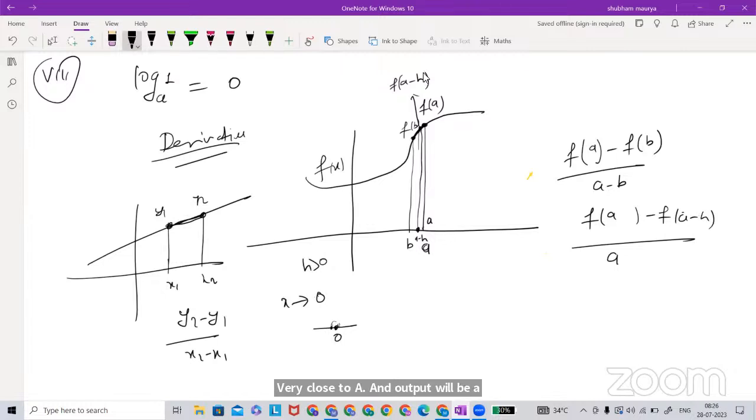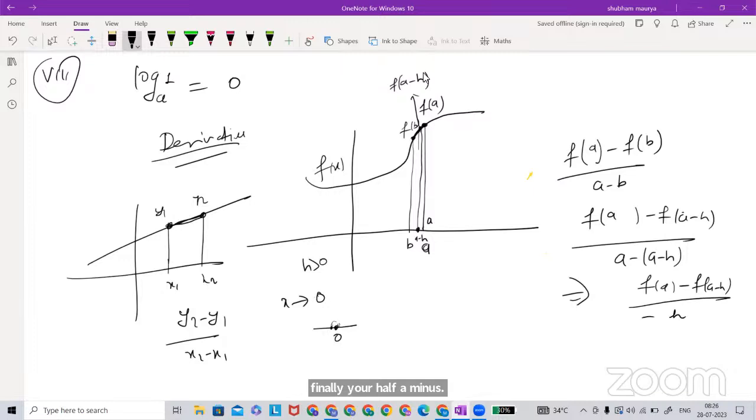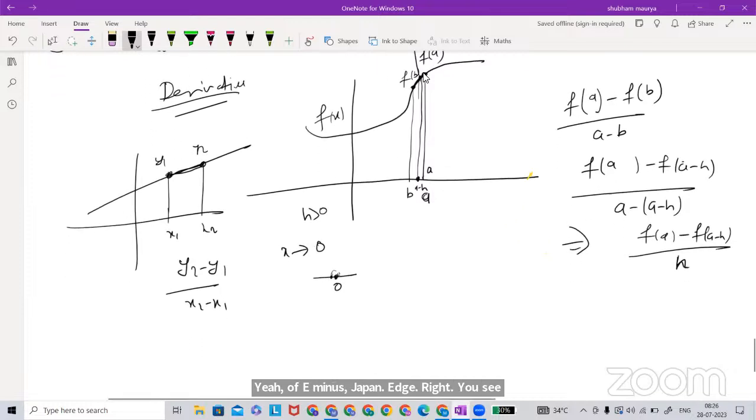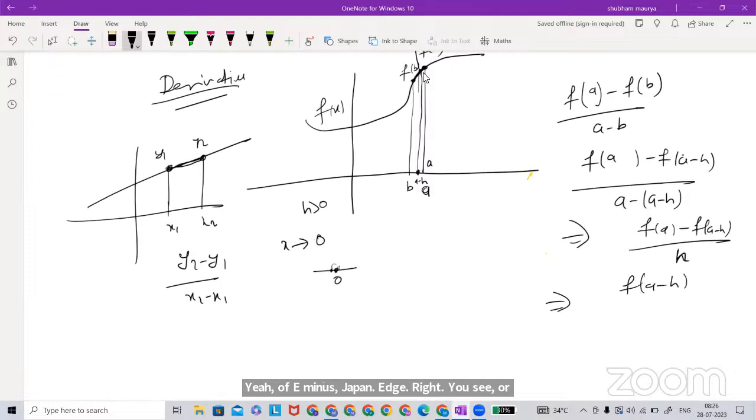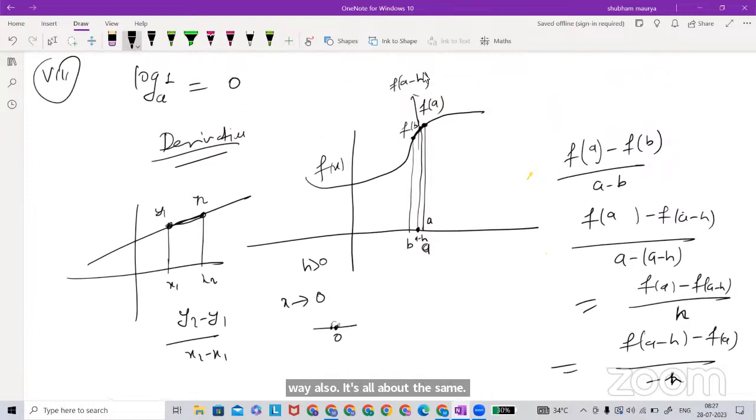So the slope is f(a) minus f(a minus h) upon h. Written differently, these are all the same. Now, this h is still only very close to 0, but we want it to be exactly at 0. So how will we represent it?